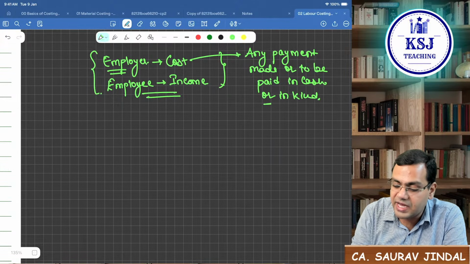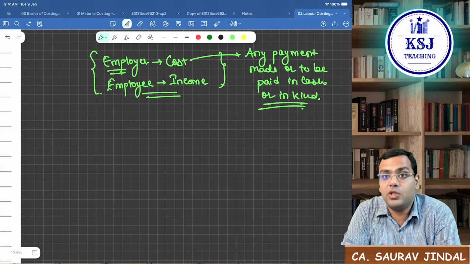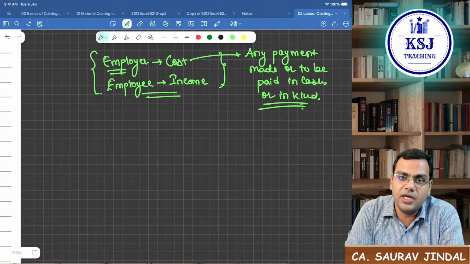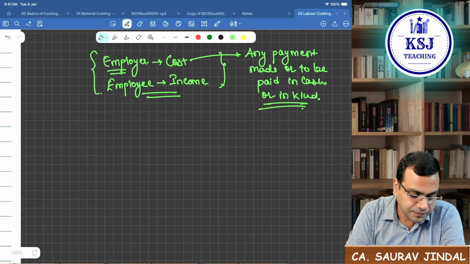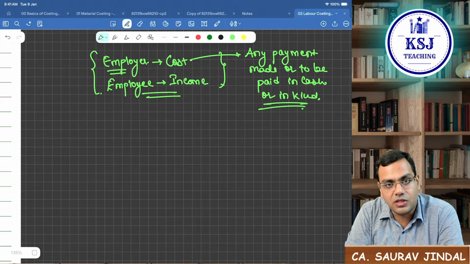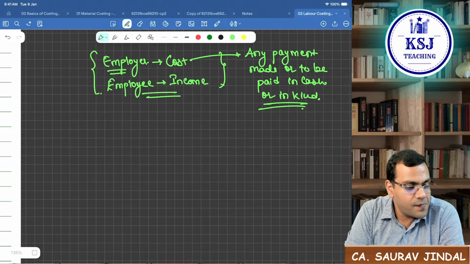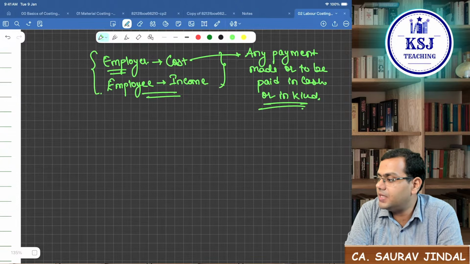Even if you are giving a gift to the employee, it is a cost for the employer. So the employer has to consider it as a cost, right? Clear? From the employer perspective, it will be a cost.